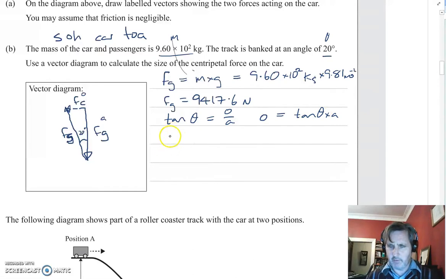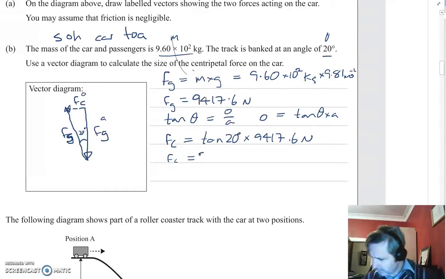Now we substitute in the values. Opposite is Fc. We have tan 20 degrees multiplied by the adjacent, which is the force of gravity, 9417.6, and we get an answer.